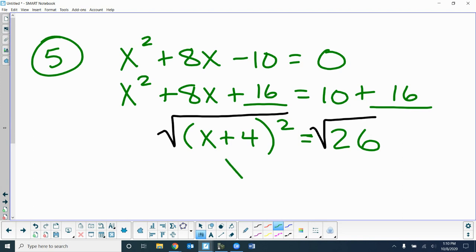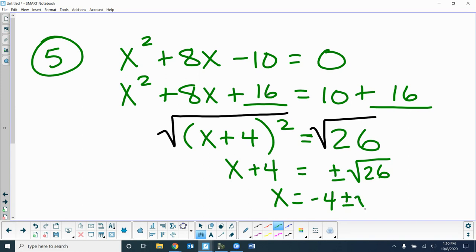So I get x plus 4 equals plus or minus the square root of 26. Will that simplify? It won't, will it? If I try to do a factor tree, I just get 2 times 13. There's no perfect square in there, no pairs of the same number. We'll just leave it as the square root of 26. And then finish up by bringing the 4 over by subtracting it.